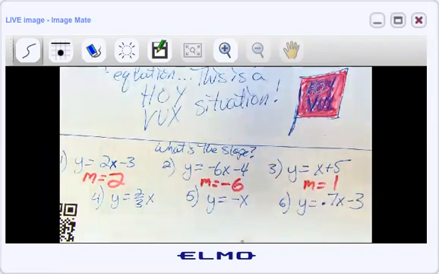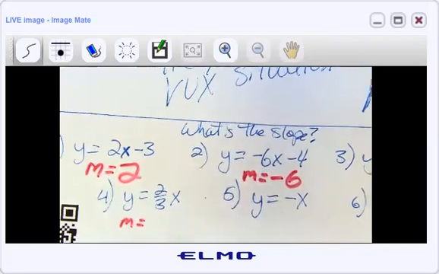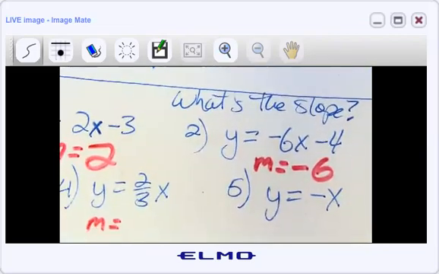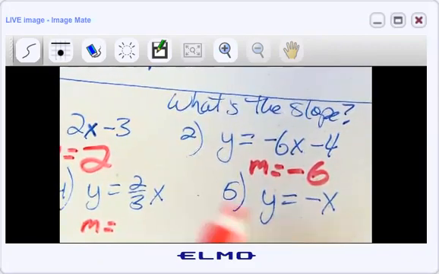You are correct there. Number 4, what is that, John? Can you see it? Let me zoom in a bit. What would your slope be on number 4, John? You're just going to give me that number in front of the x there.